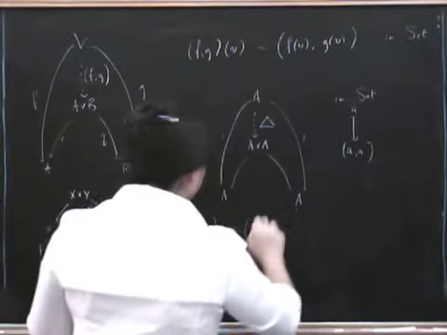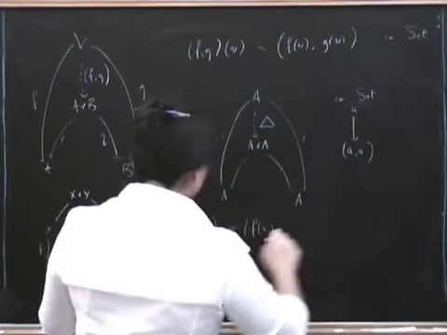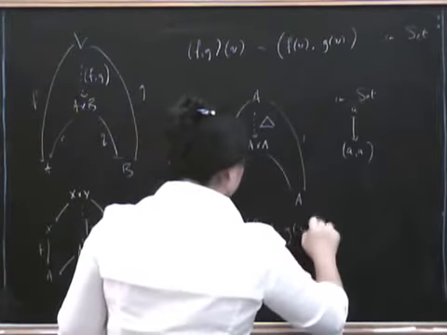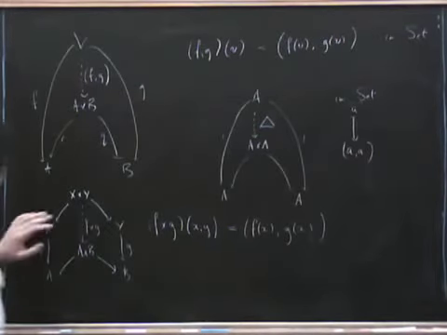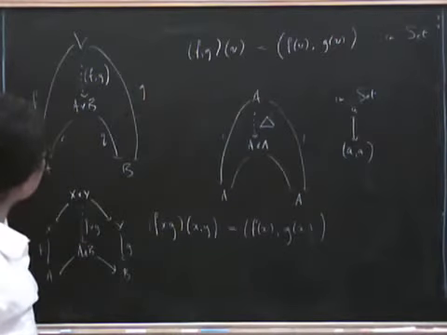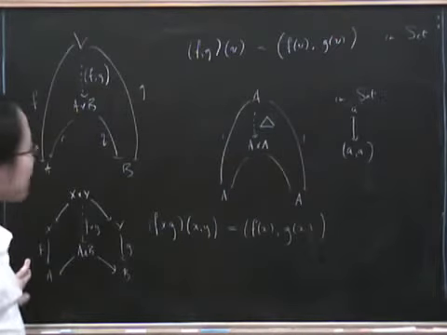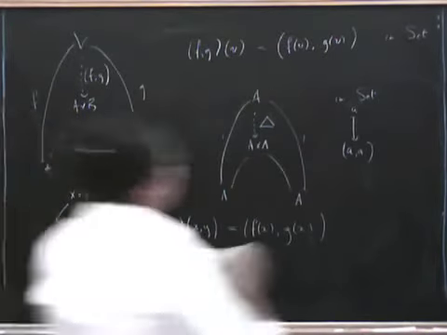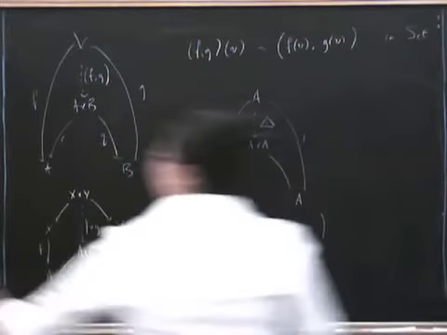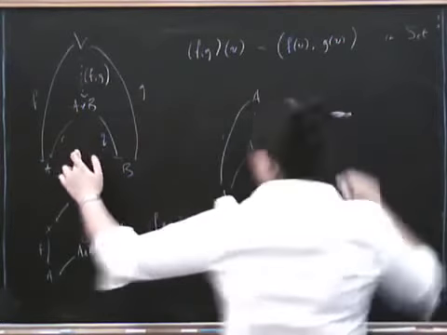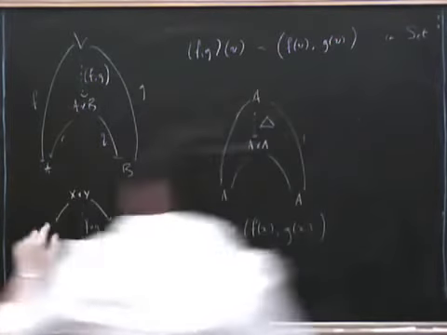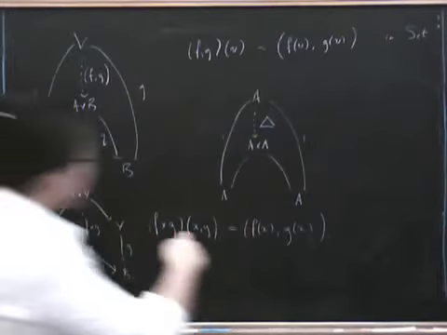So F then acts on the first bit, and G acts on the second bit, and that gives you the ordered pair in A cross B. You can relate this situation to the first situation, because here what we could have done was this example using V over here and V over here as well.